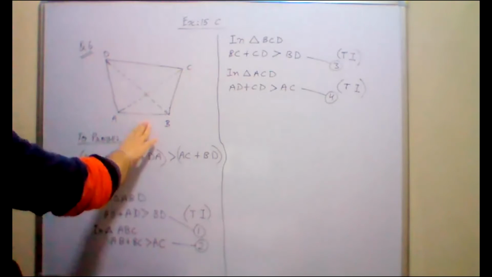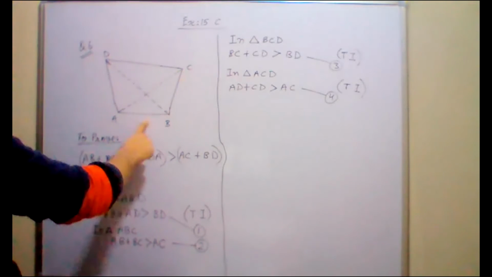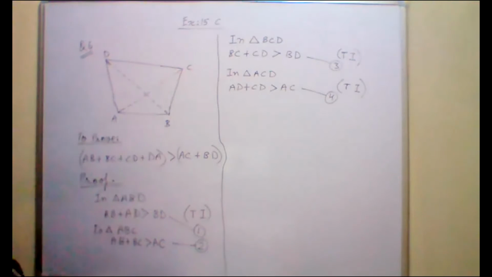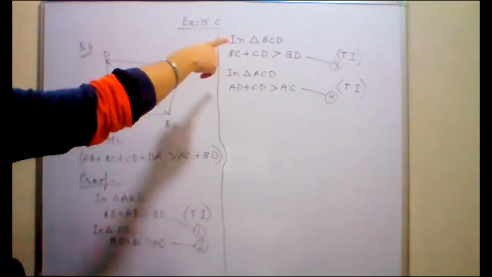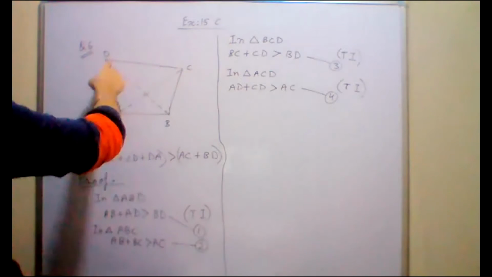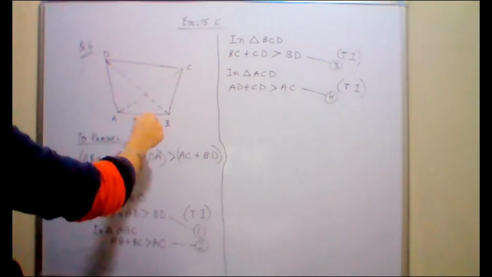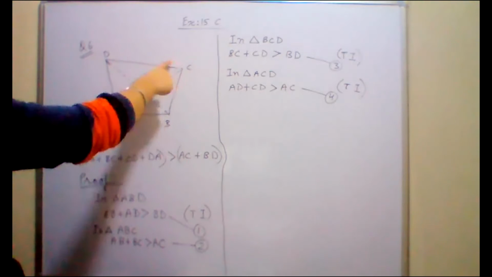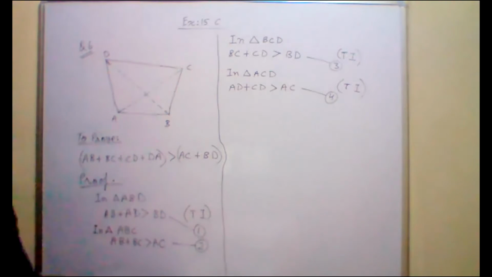In this triangle, AB plus BC is greater than AC. Then triangle BCD: BC plus CD is greater than BD.